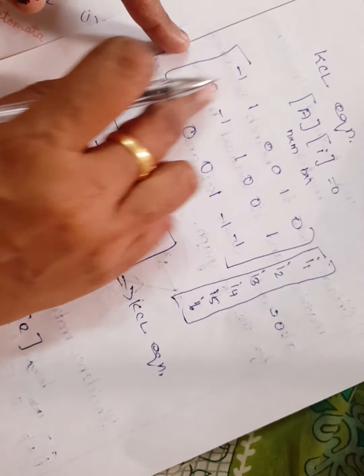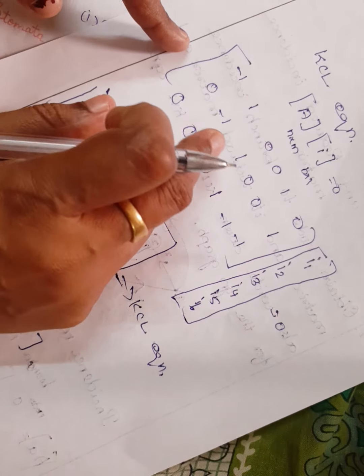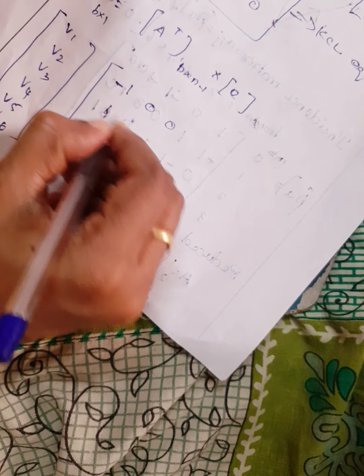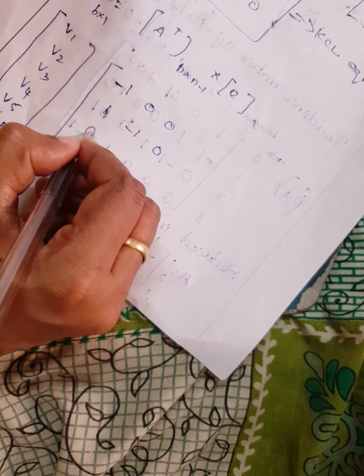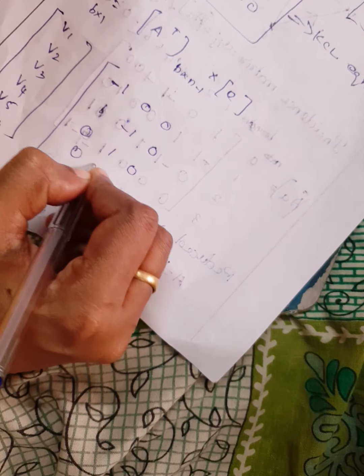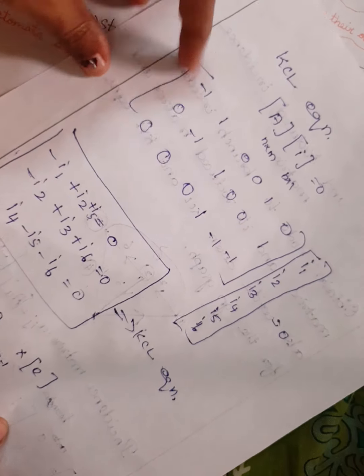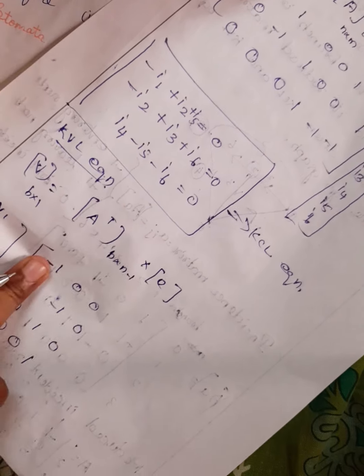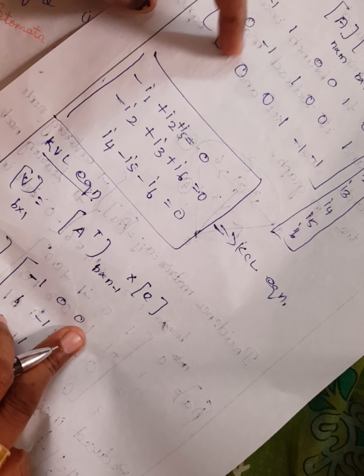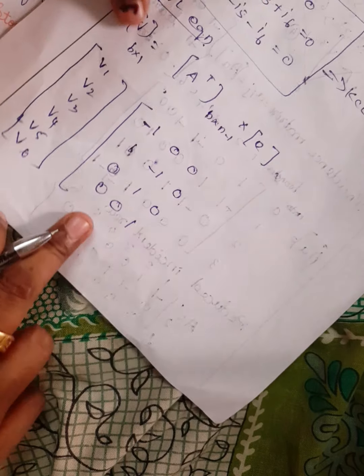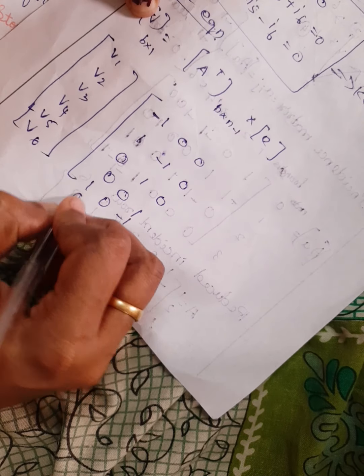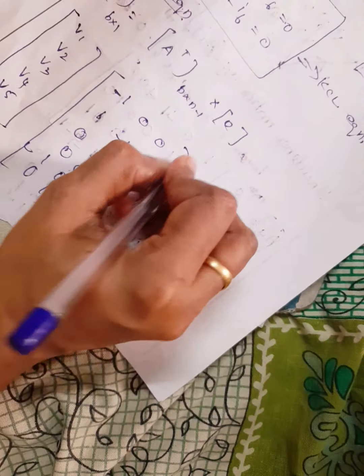Transpose: the rows change to columns and columns change to rows. So after transposing, you get minus 1 0 0, 1 minus 1 0, 0 1 0, 0 0 1. Transpose and write it as it is. This column becomes a row. So minus 1 0 0, next 1 minus 1 0, then 0 0 1, then 1 0 minus 1, then 0 1 minus 1.